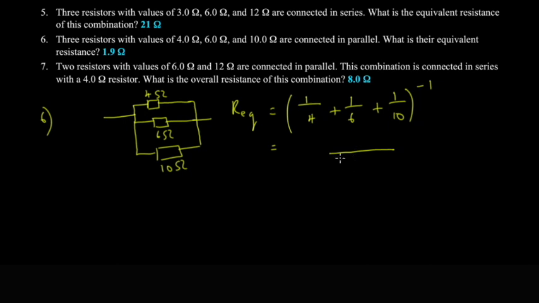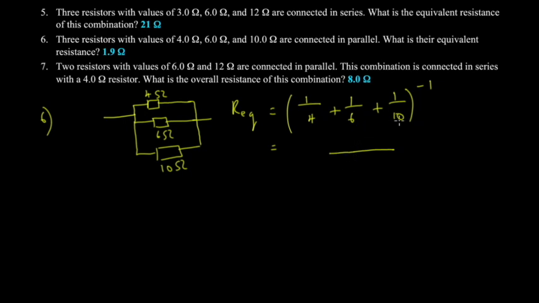common denominator here. For our case, it'd be 60, since we have 4 here. So the lowest common multiple would be 60, and then you'd be having 15 here. 4 into 60, you get 15. 6 into this, you get 10 here.